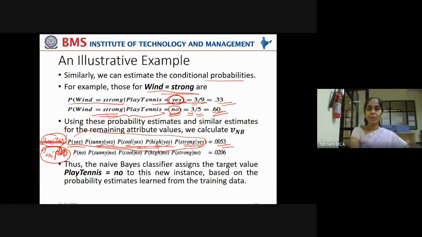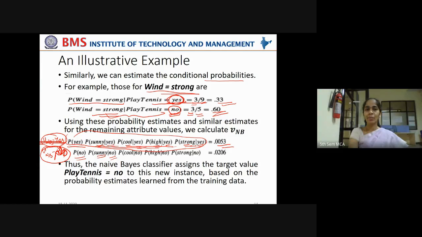That means the probability of not playing tennis, you write that as 5 by 14, and the probability of the sky being sunny when tennis is not played. How many times did you observe that in the training examples, the sky being sunny and the outcome label is no? That frequency you can take.